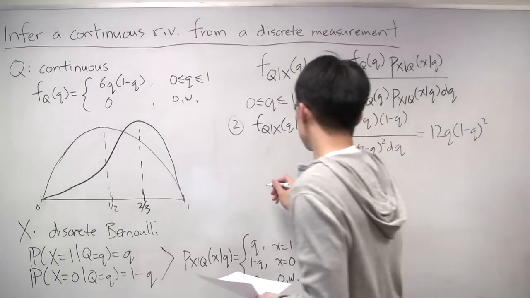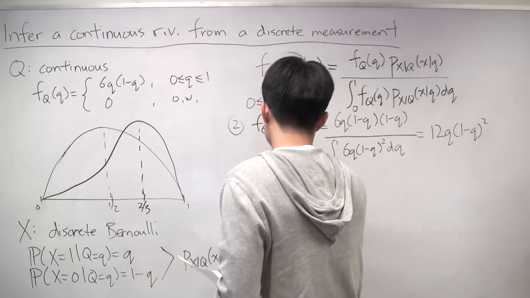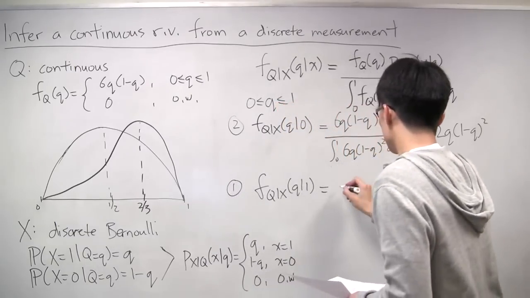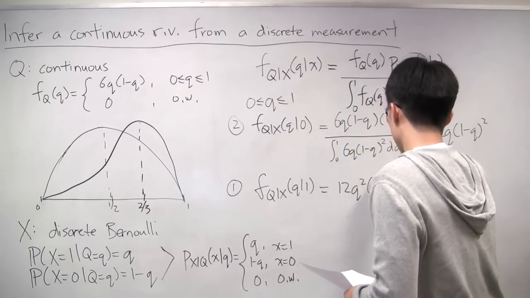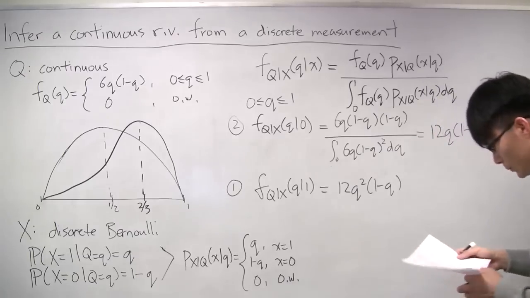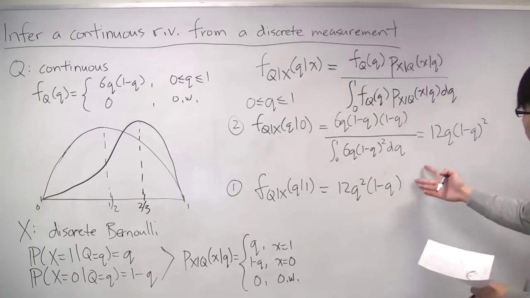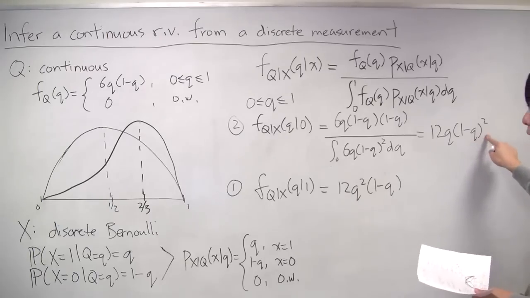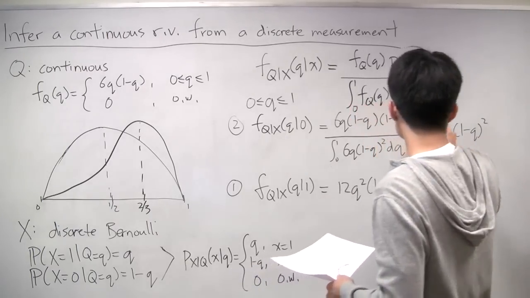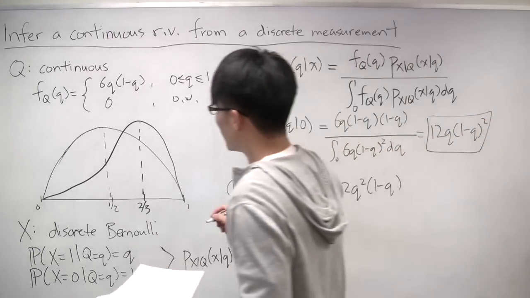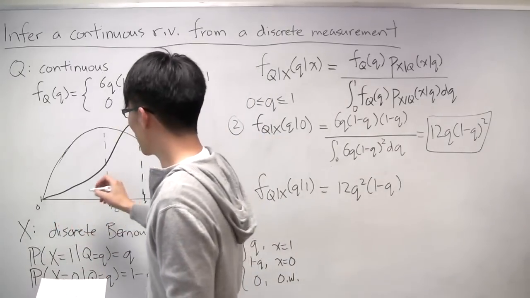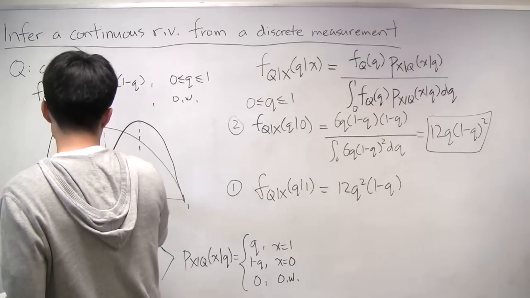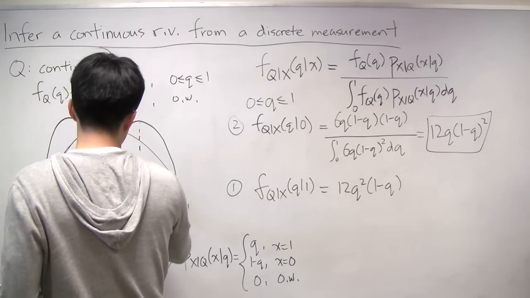So let me rewrite what the first case was. The first case, when x equals 1, was 12q squared 1 minus q. They look quite similar, except that this one has q squared, this one has 1 minus q squared. If you take the case where you observe a 0, and you plot that, it looks something like this.